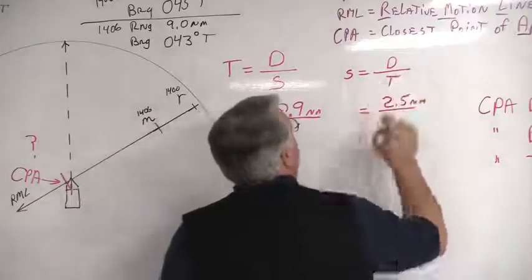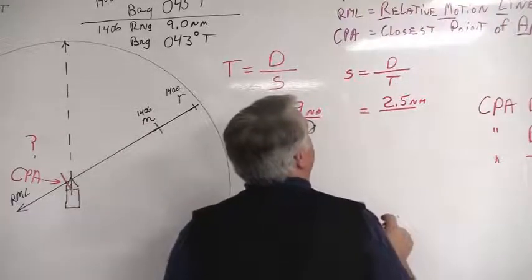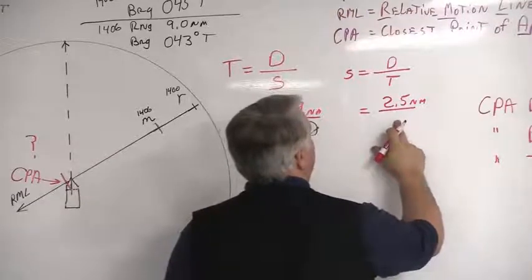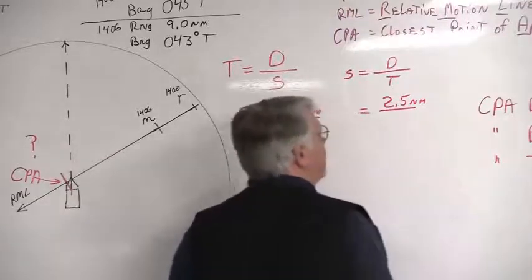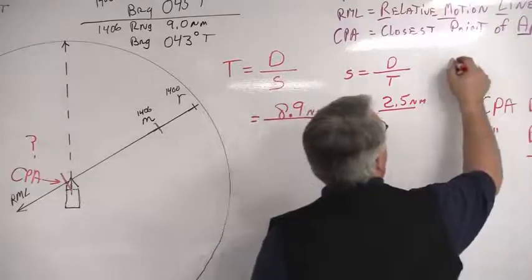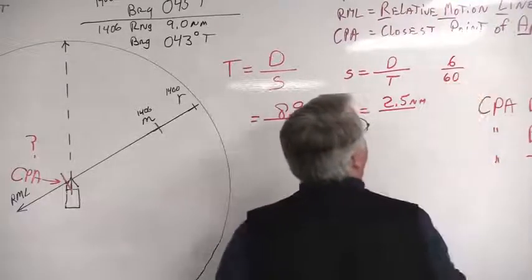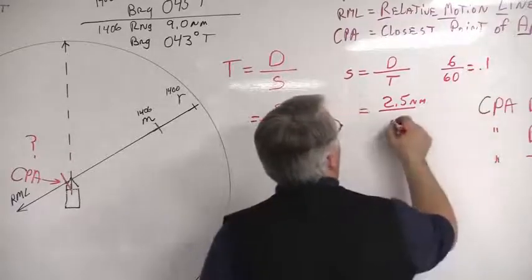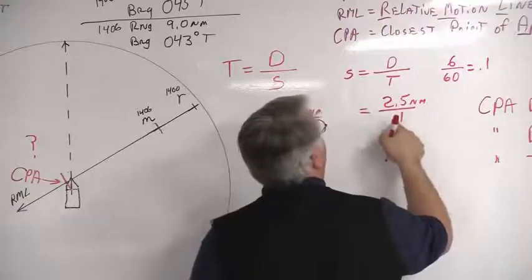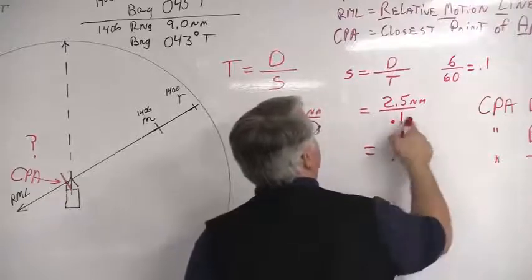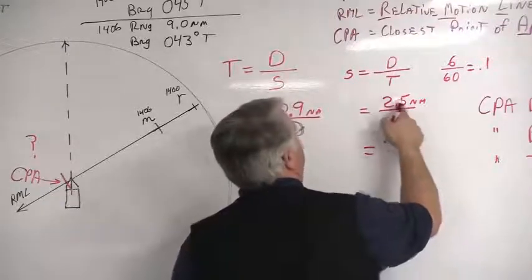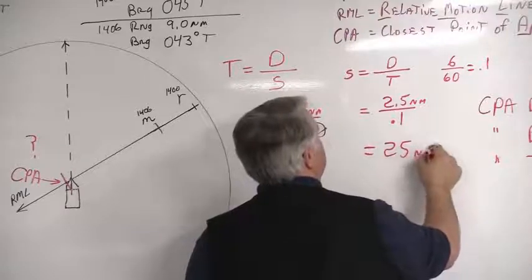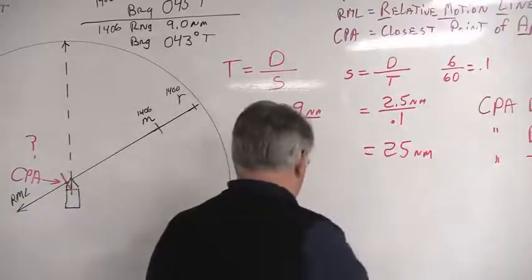So we have to take the time. Now, can we put 6 minutes in our formula here? No. We have to put it in tenths of an hour. So if we take 6 minutes and divide it by 60, what are we going to get? 0.1. So we're going to divide 2.5 by 0.1, and this is where the tenth rule comes into effect. We're going to move the decimal point over 1. So the relative motion speed of the target is 25 knots.